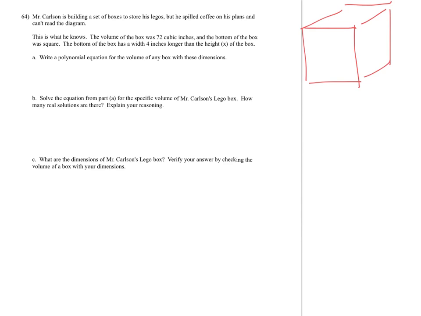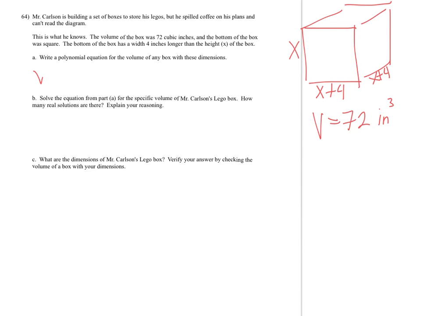So the volume is going to be 72 inches cubed. The bottom of the box was square, okay? The bottom was 4 inches longer than the height, x. Okay, so the height is x. If the bottom is 4 inches longer, that'd be x plus 4. And if it's square, that would be x plus 4 also.